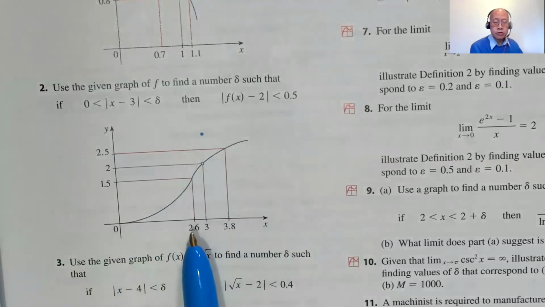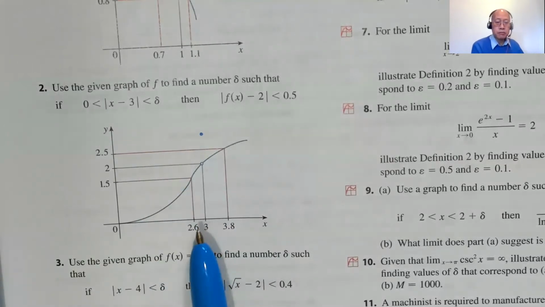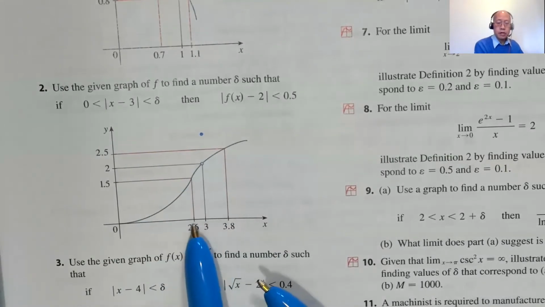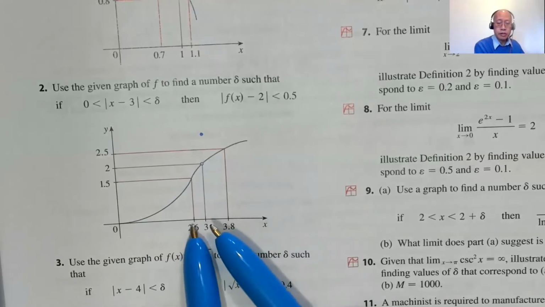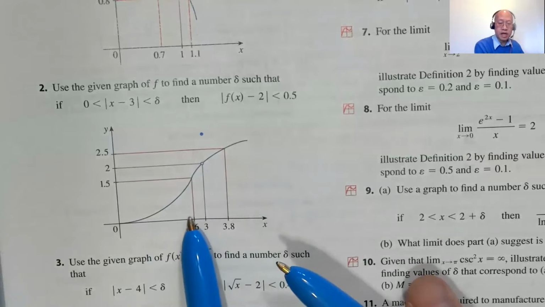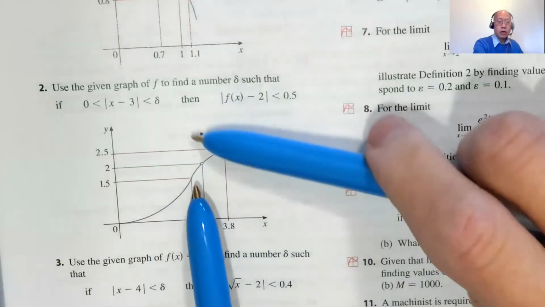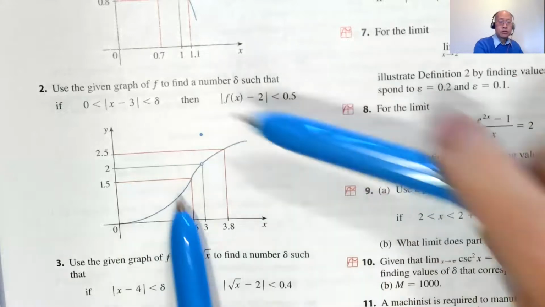This corresponds to 2.6 and 3.8. So the delta that I pick is the smaller of the distance between 3 and 2.6, and the distance between 3 and 3.8. So the smaller number is 0.4. That's my delta. So in other words, if I go 0.4 to the left and to the right, then all the y values are going to be within 0.5 of 2.